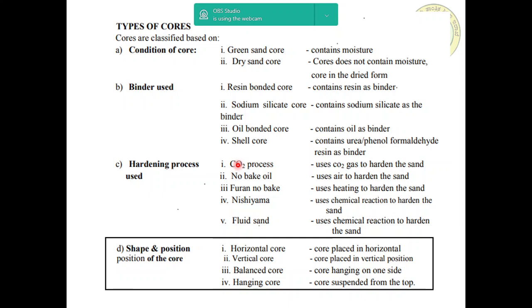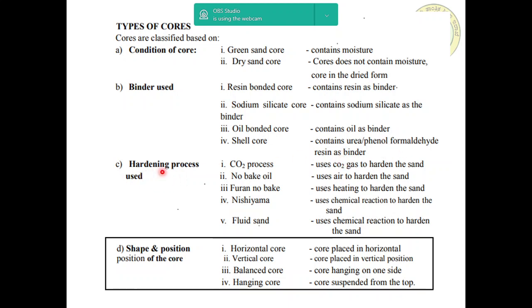As the name suggests, a green sand core contains some moisture content, and a dry sand core does not have any moisture content. In binders used, a resin bonded core contains resin as binder, a sodium silicate core contains sodium silicate as the binder, an oil bonded core contains oil as binder, and a shell core contains urea or phenol formaldehyde resin as binder.